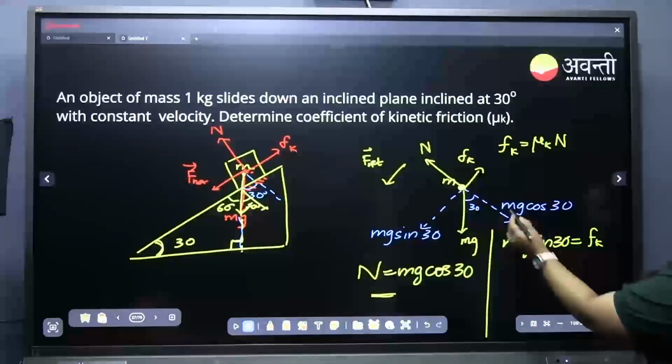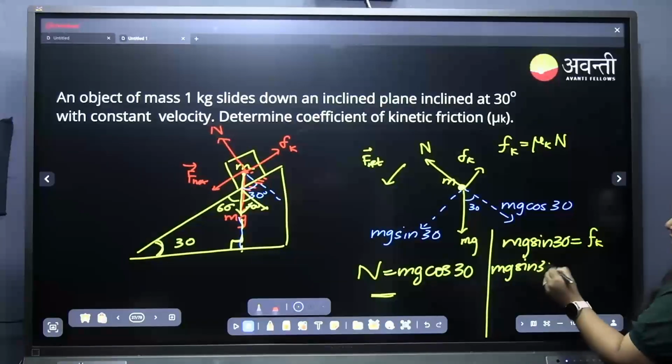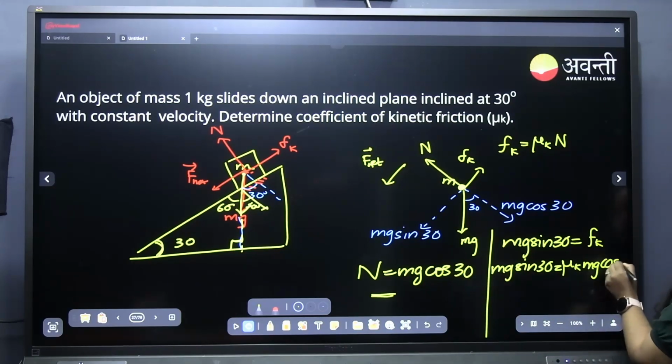Substituting this value here, we will get mg sin 30 equal to mu k into mg cos 30.